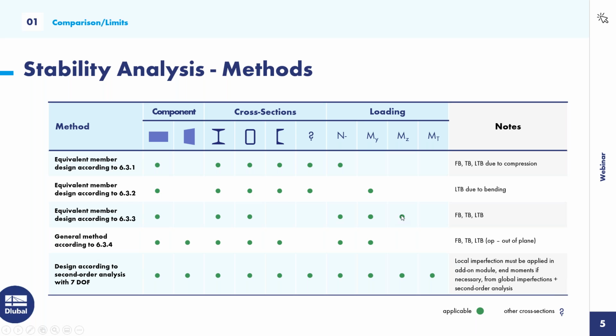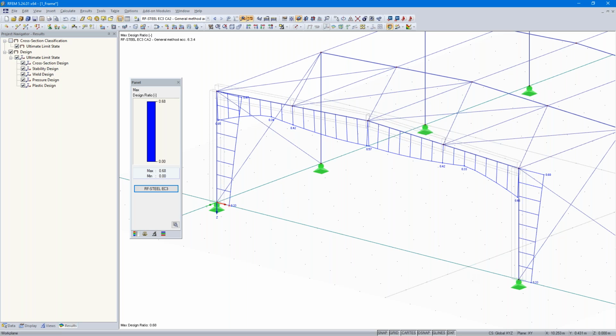If we add horizontal loads in that case, we get bending about the weak axis, and only the equivalent member design is applicable. That's what we do now.